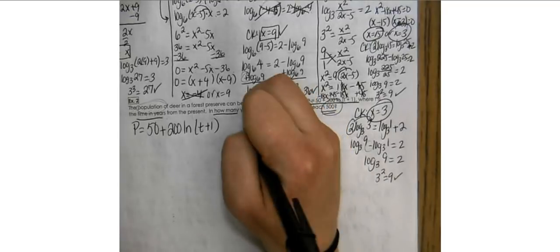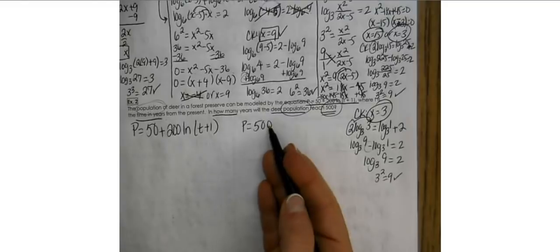We want to figure out in how many years will the deer population reach 500. And population is P. So we want to let P equal 500.